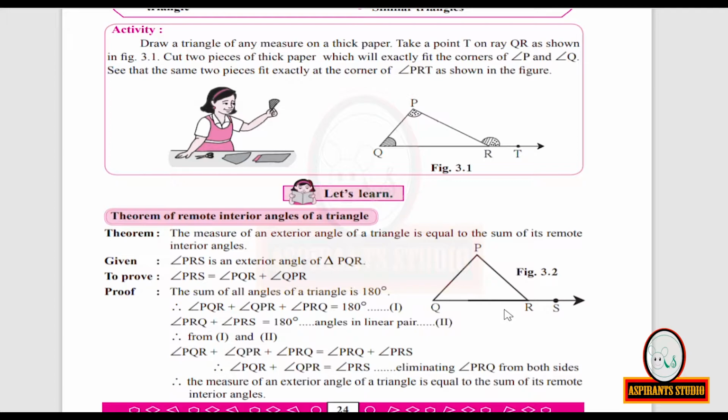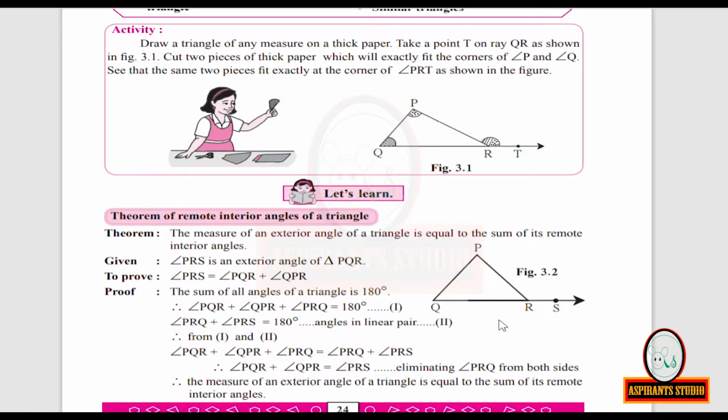We have to prove measure of angle PRS is equal to measure of angle PQR plus measure of angle QPR, because in this figure angle PQR and angle QPR are the remote interior angles.